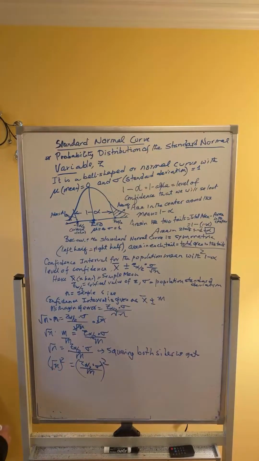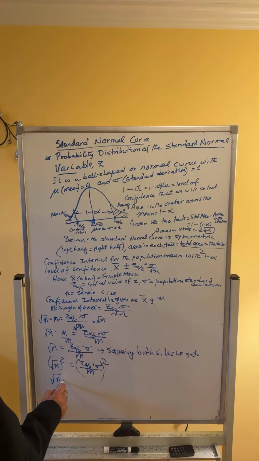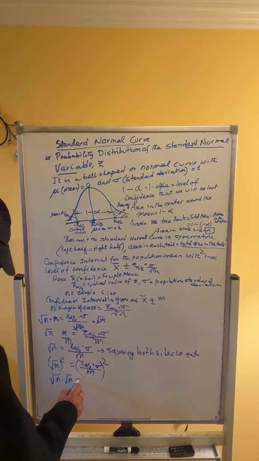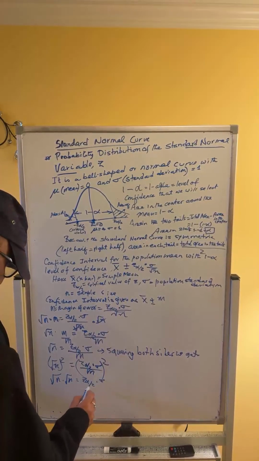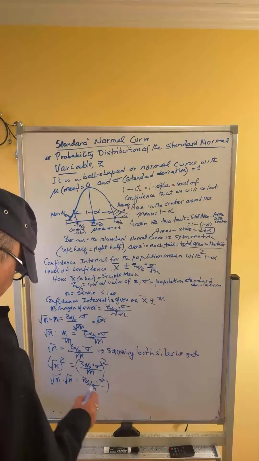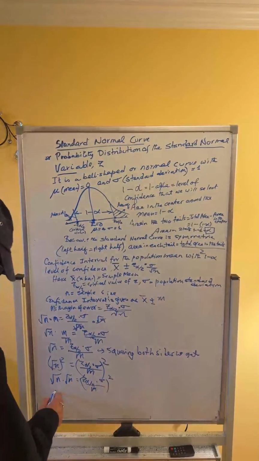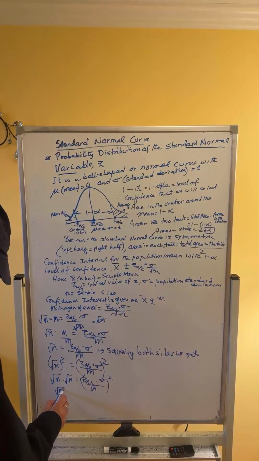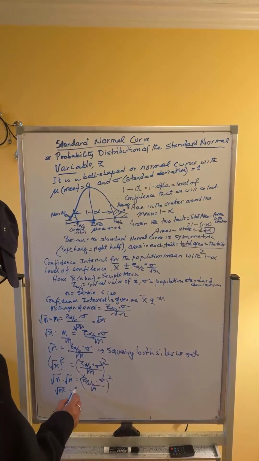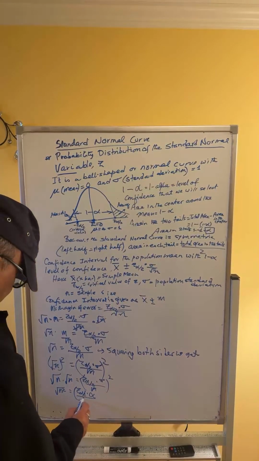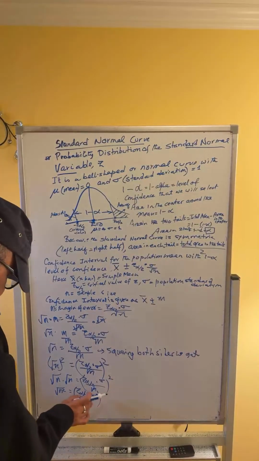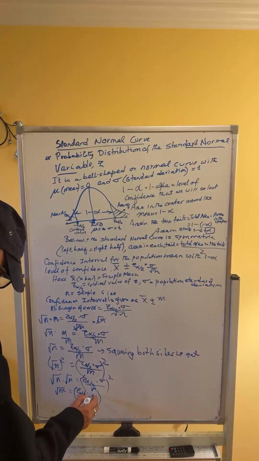Now square root of n squared is nothing but n, because it's square root of n times square root of n.